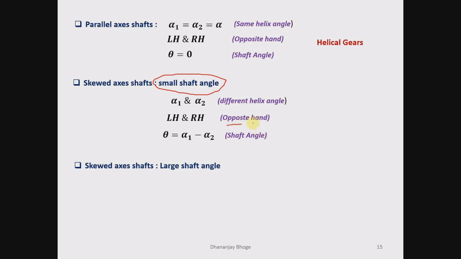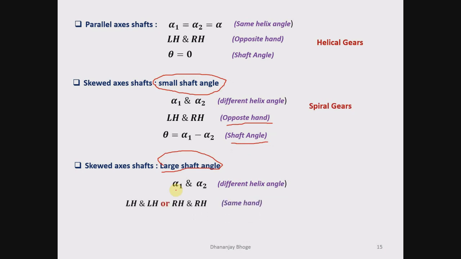We use opposite hand of helices, and shaft angle is the difference of spiral angles. Okay, now when shaft angle is large, different helix angles, alpha 1 and alpha 2, same hand of helices. Okay, and in this case shaft angle is the sum of spiral angles.